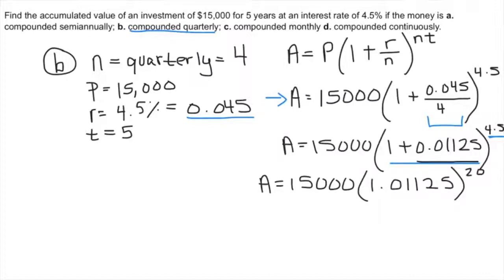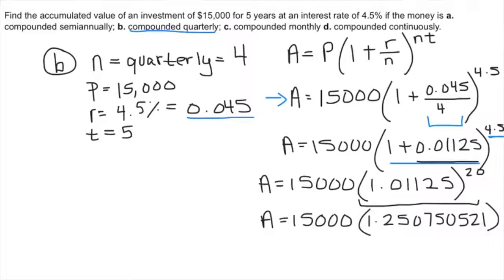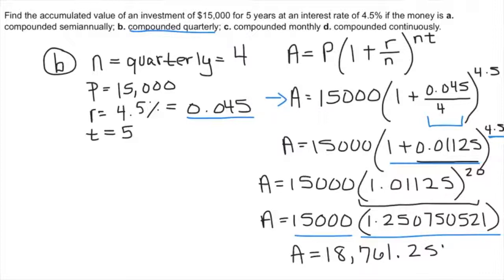Now we'll take our calculator and we'll raise 1.01125 to the 20th power. Next, we'll multiply the decimal that we just got, which is 1.250750521, by 15,000. And we get A equals 18,761.2571.